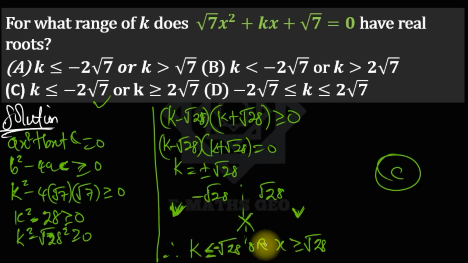So you don't need to waste unnecessary time. Test the middle. If it fails, the answer is the other two, joined with or. So that is it. Thank you.